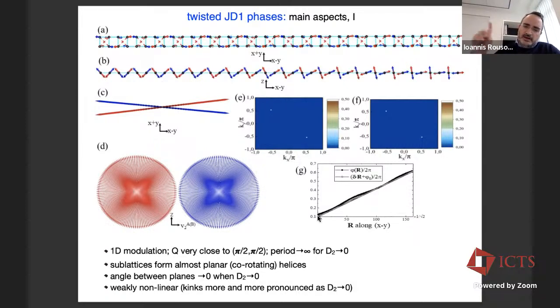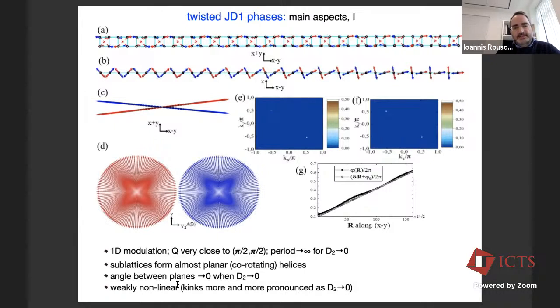If you draw how the angle of rotation in the spin plane evolves as a function of distance as I travel along the propagation direction, that's the black line here. You can identify some kind of weakly nonlinear aspect, some kinks, and this other line here is the so-called linear ansatz approximation to that phase.